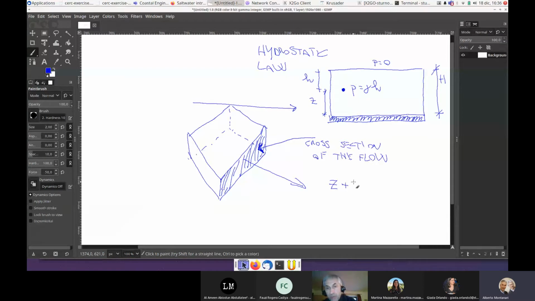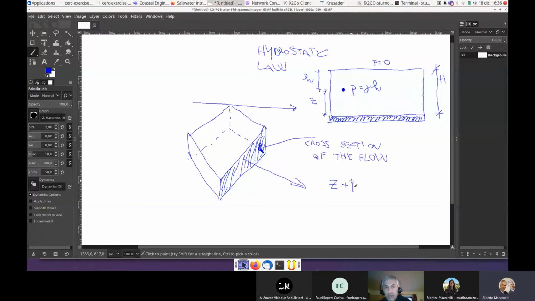So this is equal to Z plus P, pressure, divided by gamma, specific weight of water. This is equivalent to Z plus gamma h divided by gamma, which is equal to Z plus lowercase h, which is, of course, equal to uppercase H, which is constant.